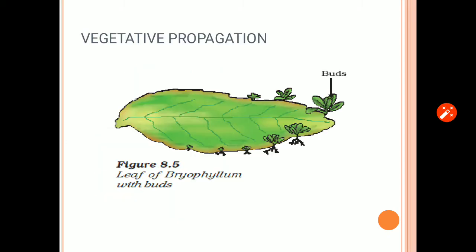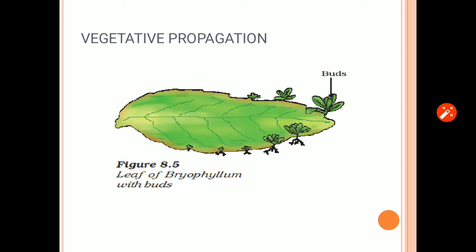Now about vegetative propagation. It is a type of reproduction in which, except the flower, any part of the plant is able to form a new plant, like a stem, root, leaf, etc. Here we have taken the example of bryophyllum.